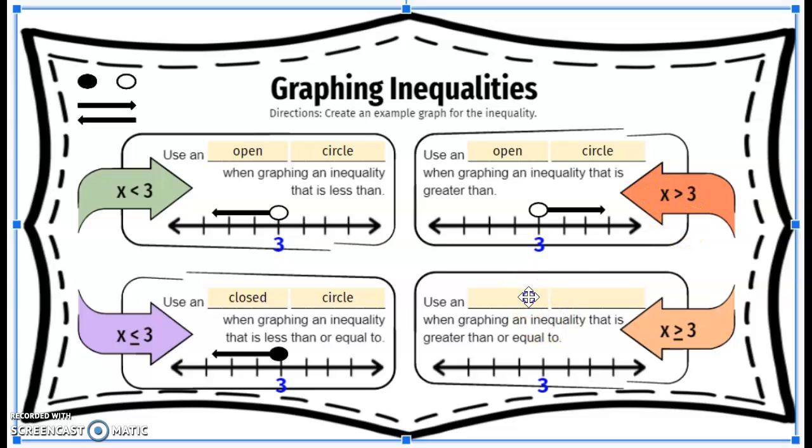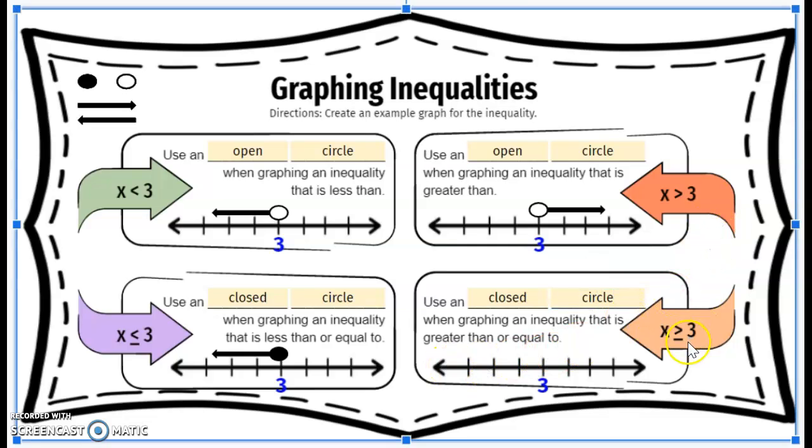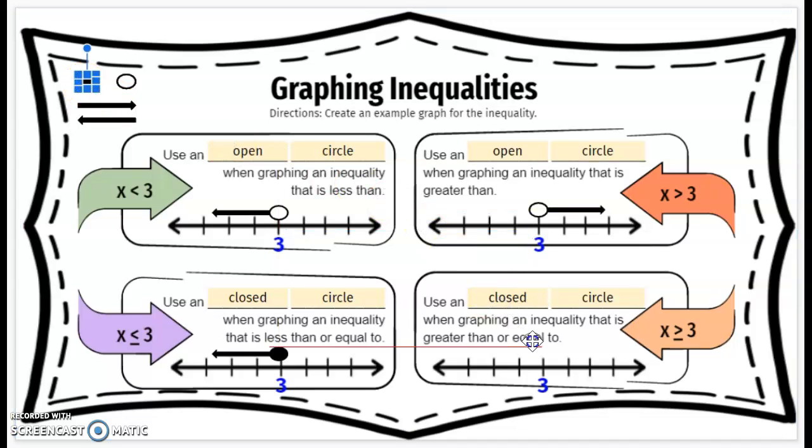All right, so now we have use a closed circle when graphing an inequality that is greater than or equal to. So if it has a line, it's a closed circle. So we're going to grab that closed circle. We're going to put it right here. Again, it doesn't have to be 100% there because these are small, so it's fine.